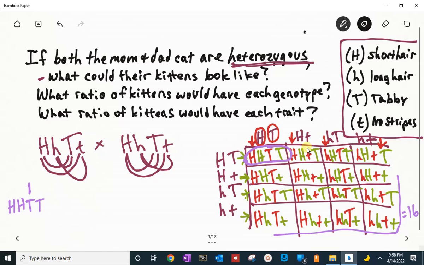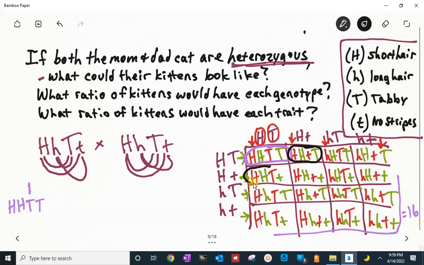Now let's look at the next one. We have a homozygous dominant for short hair and a heterozygous dominant for tabby, for stripes. Now let's look and find all the other squares that have this same combination. So we're going to look for 2 capital H's and 1 capital T and a lowercase t.